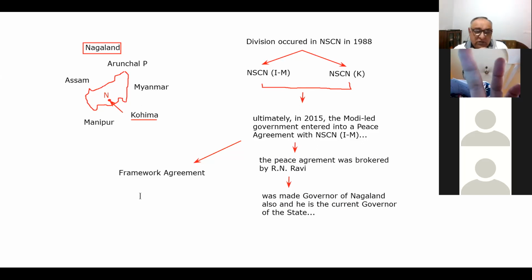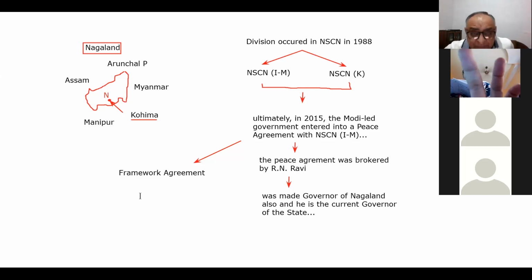So if you only sit at the table with the leaders of NSCN and Isak Muivah, that will not be enough to restore peace in the state, until and unless the other groups are also brought on the same page, right?